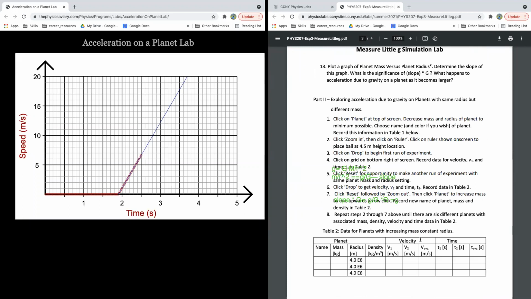So the second part is to explore acceleration due to gravity on planet with same radius but different masses. So then we have to change one variable.